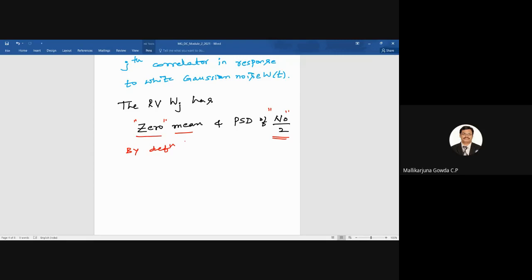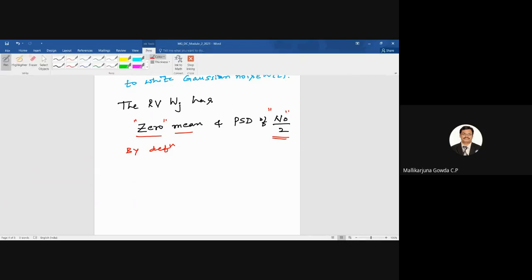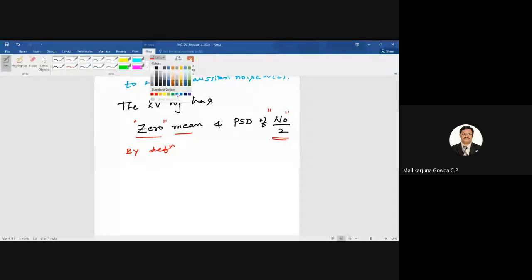Now let us try to find the mean of the random variable xj. How do we find it?